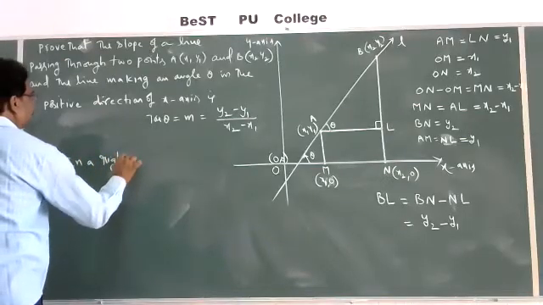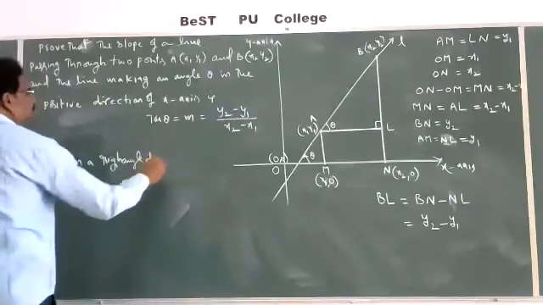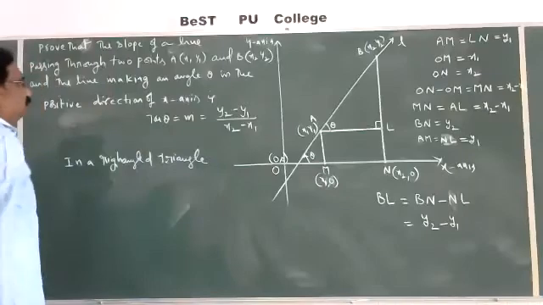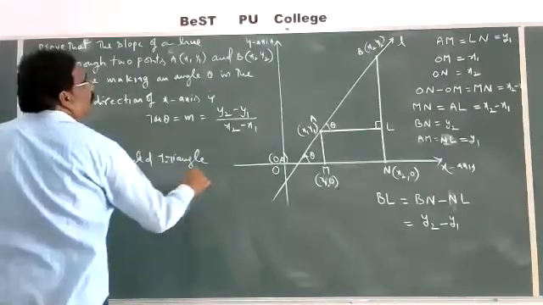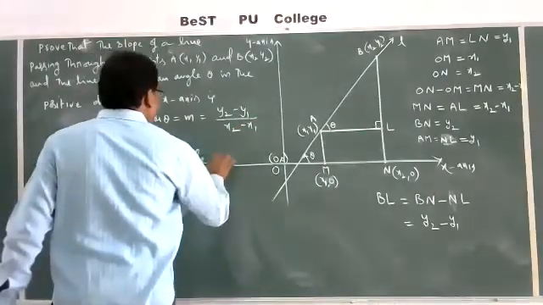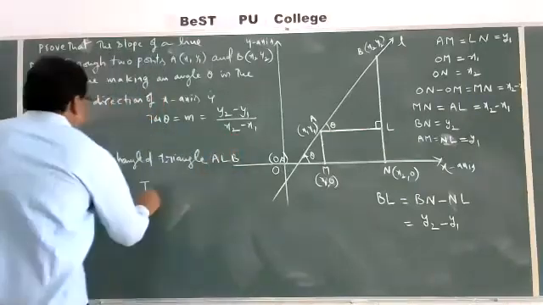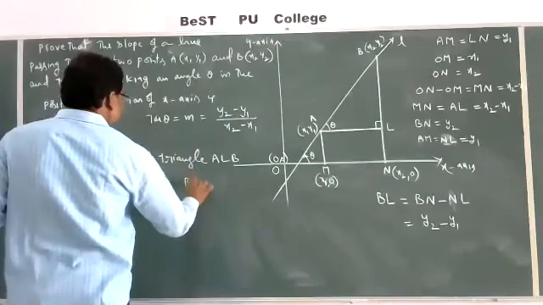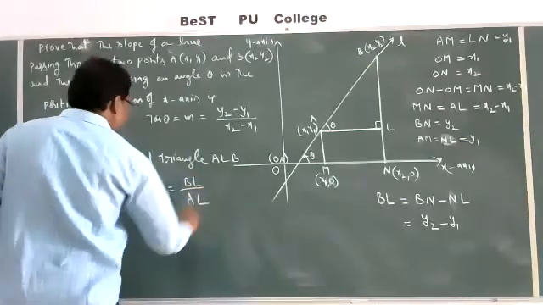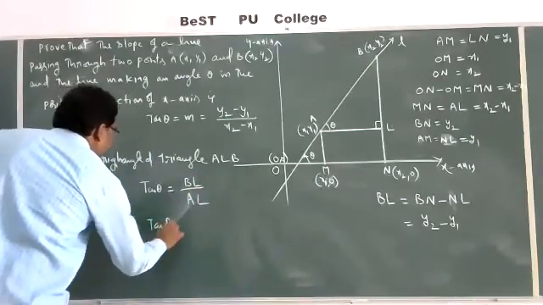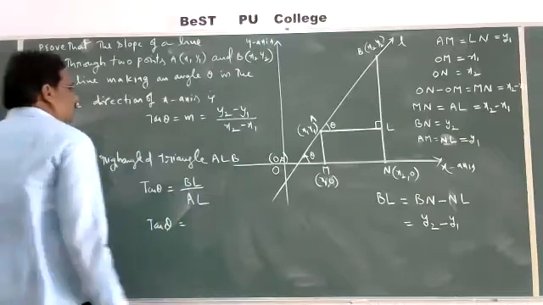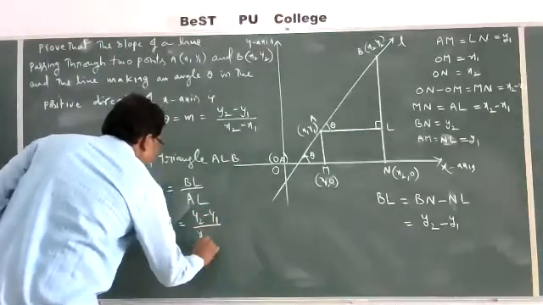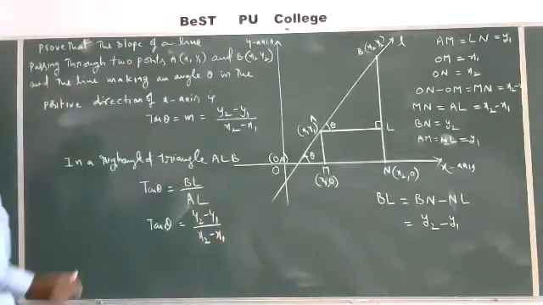In the right angled triangle ALB, tan theta is equal to BL by AL, that is, tan theta is equal to BL, which is y2 minus y1, by AL, which is x2 minus x1.